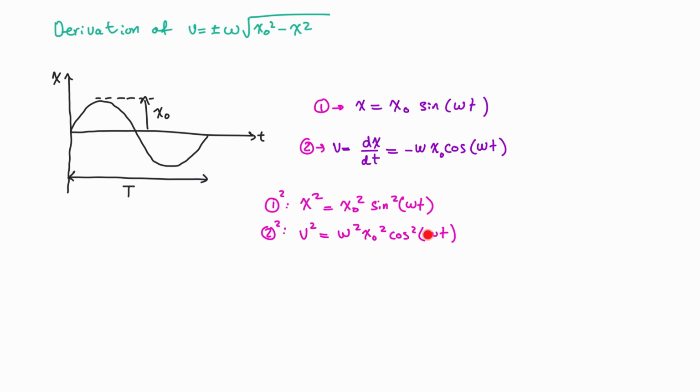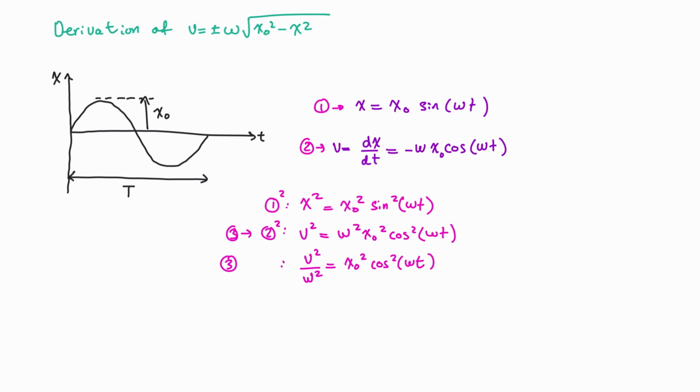Now what I'm trying to do is get rid of these functions over here. So I need to do something in order to use an identity that will get rid of these. To do that, again very cleverly, let's say this is now my third equation. I'm going to divide both sides of 3, or rewrite 3 as v squared over omega squared is equal to the amplitude squared cos squared of omega t.